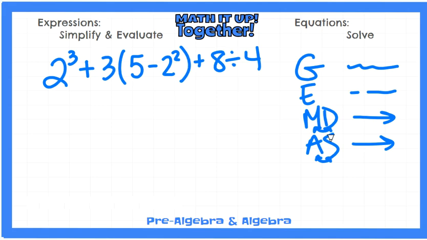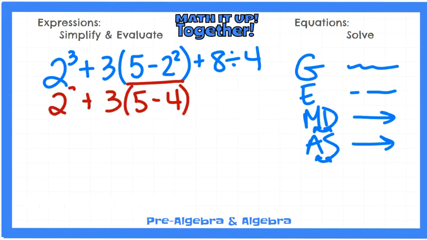All right, so let's take a look. So we would handle our grouping first. Our grouping is here in this expression. And within that grouping, we're going to follow order of operations again. So no groupings within the grouping, but we do have an exponent here. So 2 times 2 is 4. We'll bring this all down.